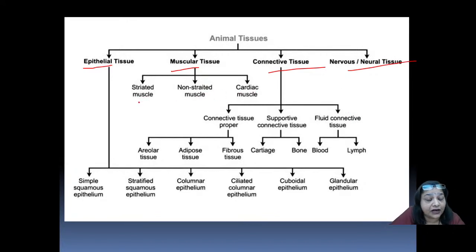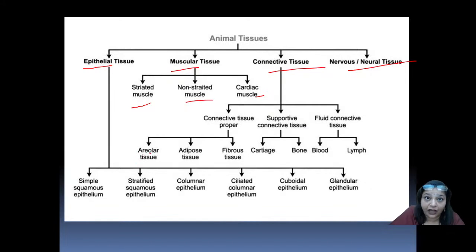The striated muscles are also called voluntary muscles, non-striated muscles are also called involuntary muscles, and the cardiac muscles are the muscles that make up the heart. Okay, so we have learned about all these different types of muscular tissue also. Next, the connective tissue. Connective tissue are of different types.